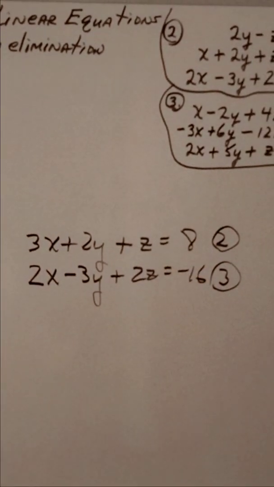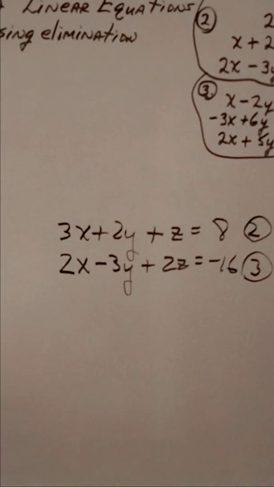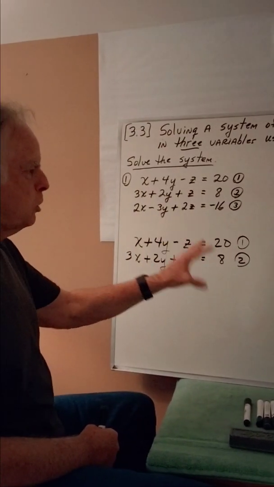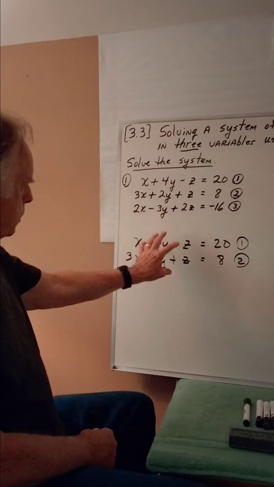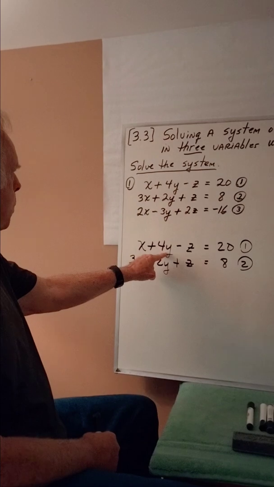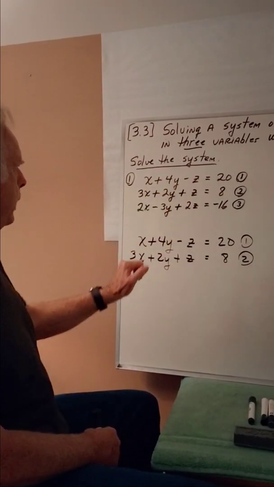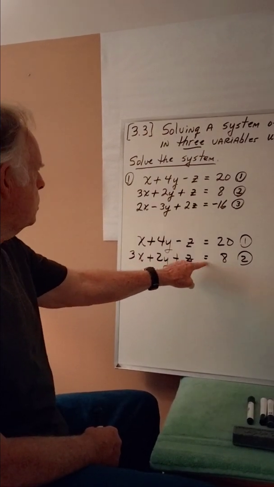Now, I believe it is wise to double check just to make sure that everything has been copied down correctly, because many mistakes are made because we copy information down wrong. So I just want to double check equations 1 and 2. x plus 4y minus z is equal to 20. That looks good. 3x plus 2y plus z is equal to 8.